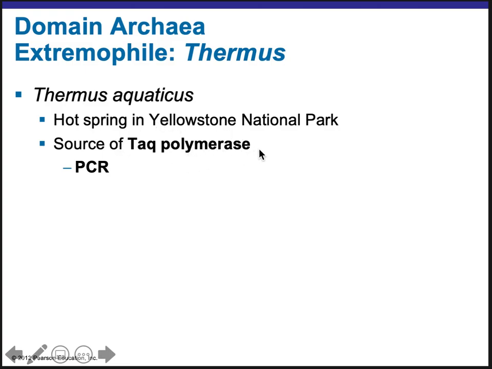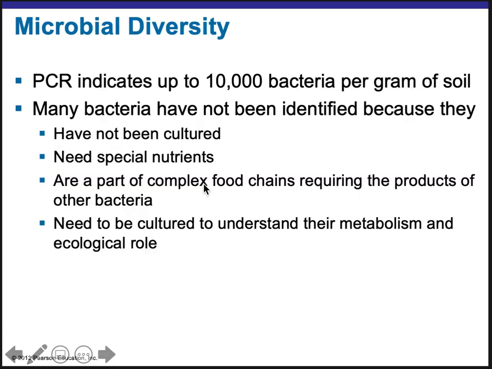If we didn't have Taq polymerase, we wouldn't be able to do PCR. And if we didn't have PCR, we wouldn't know that, for example, in just 1 gram of soil, there's over 10,000 different types of bacteria. Why didn't we know that before? Because we couldn't culture these bacteria in the lab, so we didn't know they existed, right?